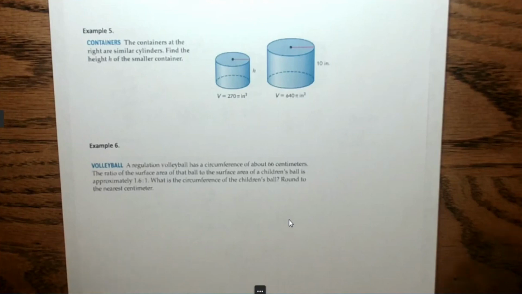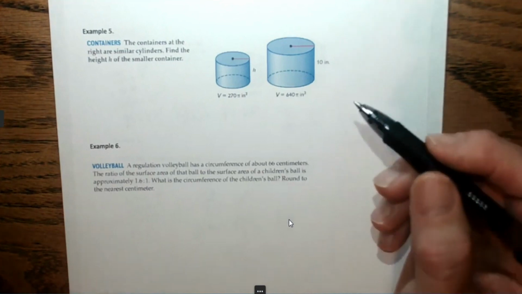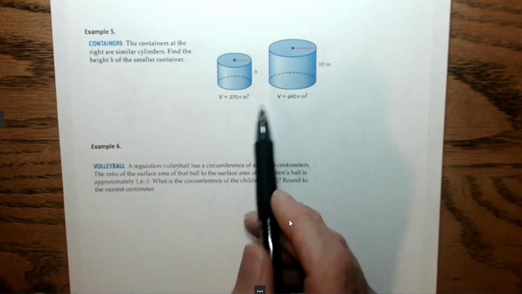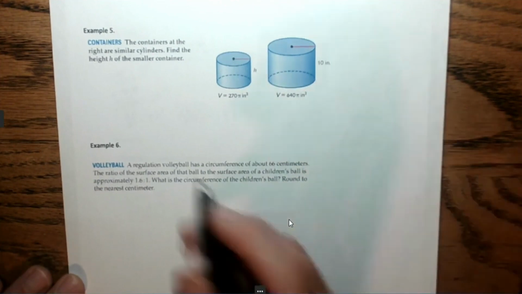The containers on the right are similar cylinders. Find the height h of the smaller container. So we have the height of the larger container and we have the volumes of both containers. So once we know the volumes, we can compare the ratio of the volumes.